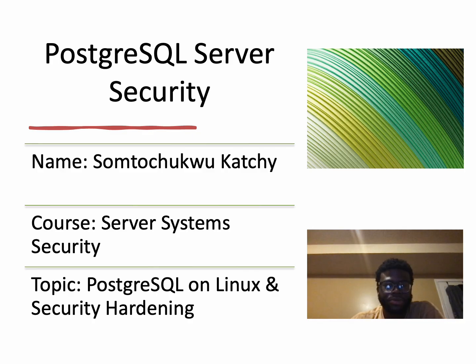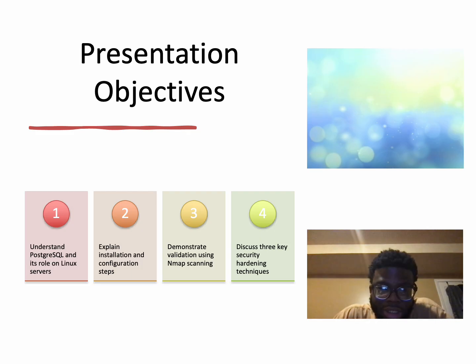So to start, the presentation objectives: number one, I'm going to be understanding PostgreSQL and its role on Linux servers. Two, I'm going to explain the installation and configuration steps, step by step, on how to install and configure PostgreSQL.